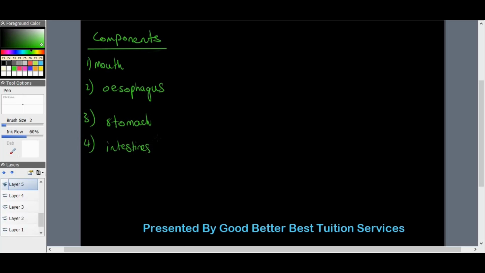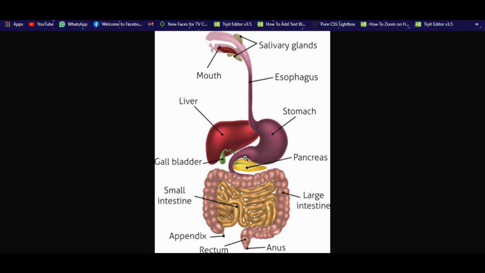Then the rectum, just before the anus, otherwise known as your butt. And of course the liver. Great. These can be seen in the diagram that we just looked at.